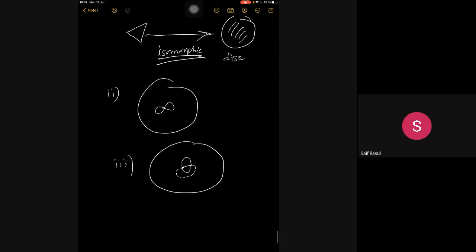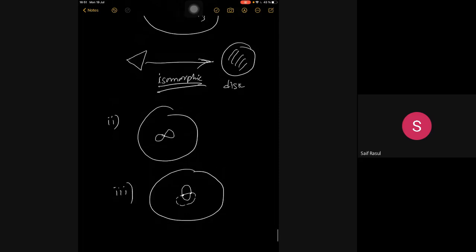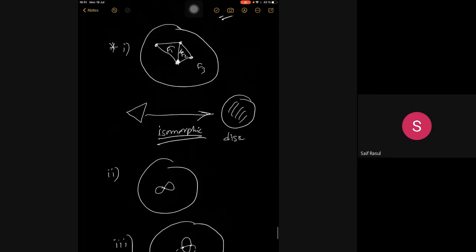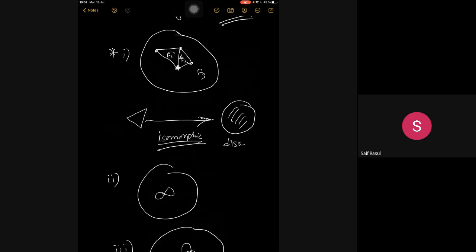So this is not a map, because you need to lift the pen to jump over. And since another criterion is checking if this is isomorphic to disks, this is not isomorphic to disks.